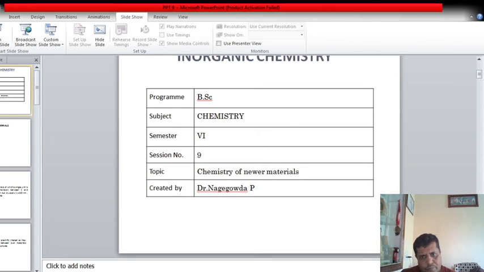Now, if the sol gel method is clear, we'll go to one more method, the inert gas condensation method, shortly called IGC, inert gas evaporation condensation. In this technique, nanoparticles are formed via evaporation of a metallic source in an inert gas.